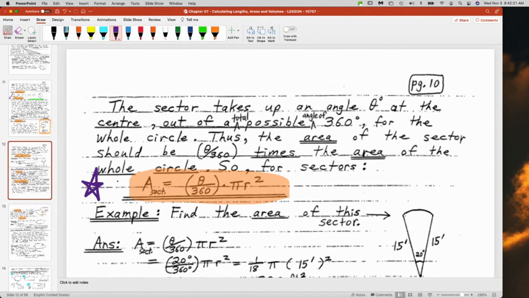I can't draw a star, but I assure you this is a very important formula. Theta divided by 360 times pi r squared. You can jot this one down now. When we do questions later, I will refer to the formula. I will write the formula down for you in the given question because I don't expect you to remember it immediately when you just saw it today for the first time, possibly.